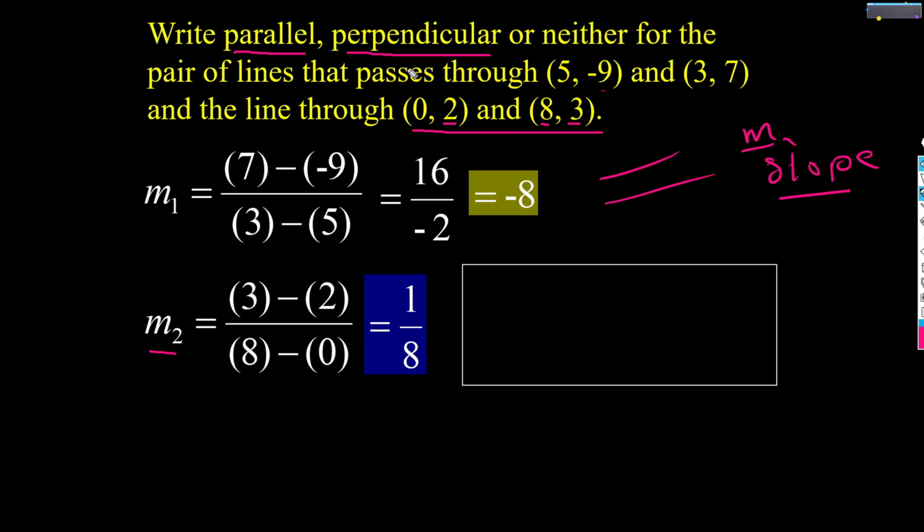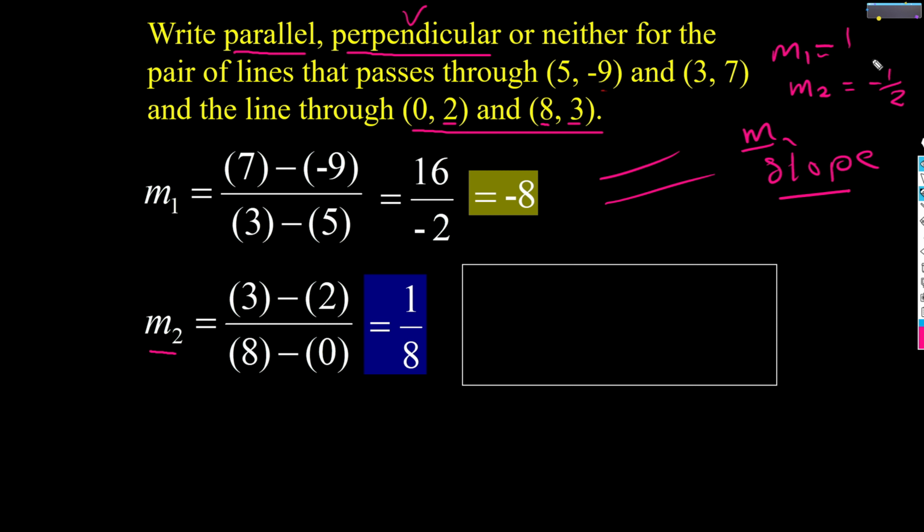However, when it comes to perpendicular lines, it means that, let's say you have your m1, which is equal to 1, and your m2, which is equal to negative 1 over 2.